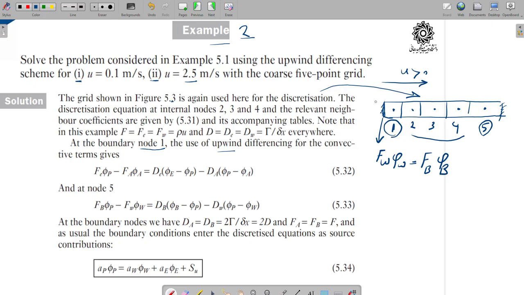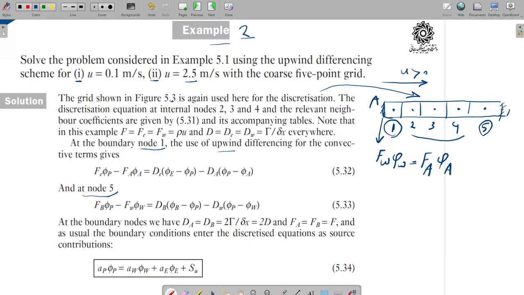If this boundary condition is A and this boundary is B, therefore for cell 1, F_w phi_w is F_A phi_A.